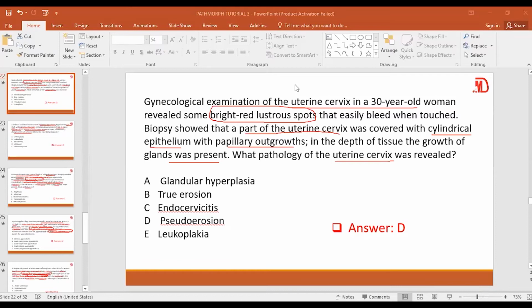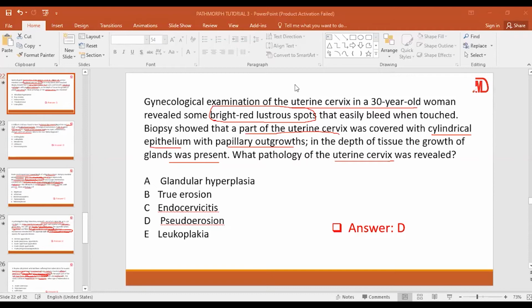While she was showing us the main definition of pseudo erosion, the place where we were reading it from mentioned the uterine cervix as well. Is there any other erosion that occurs in the uterine cervix? Well, this is what we have.